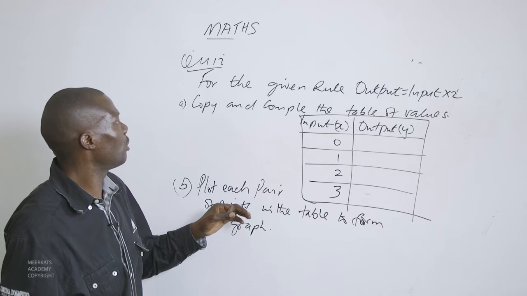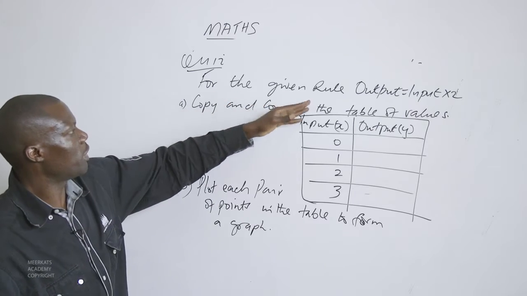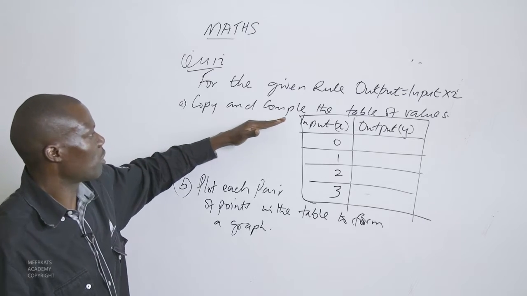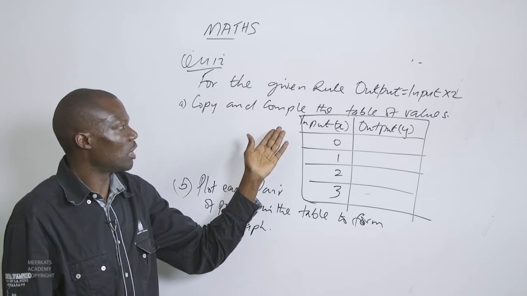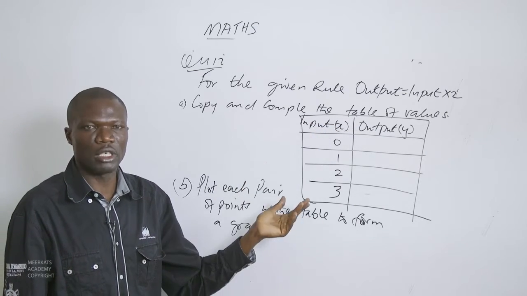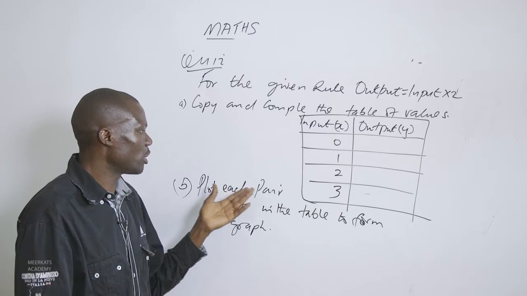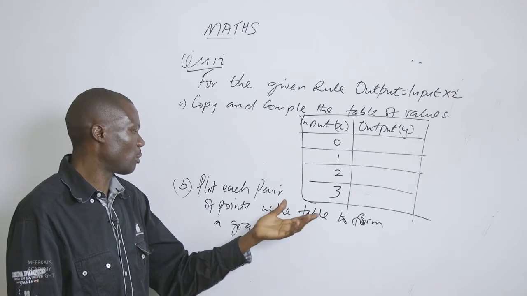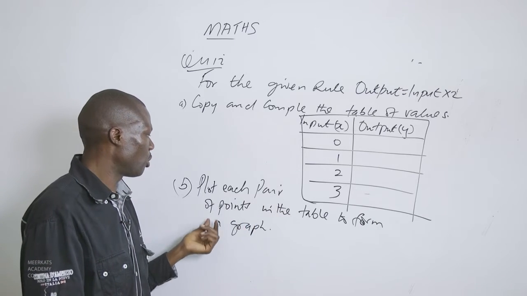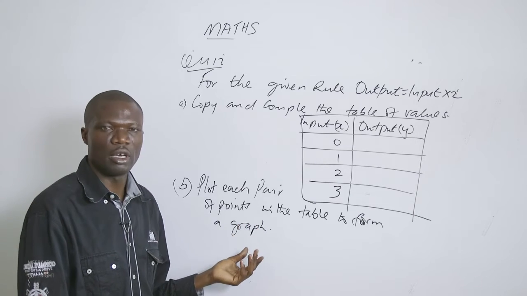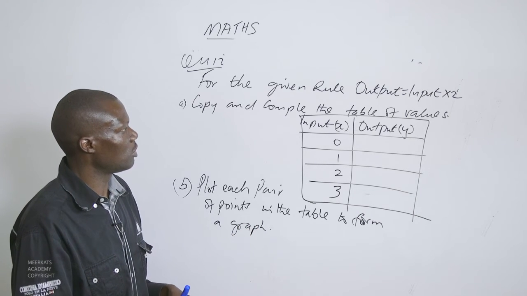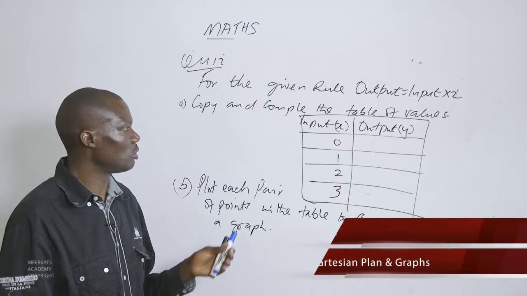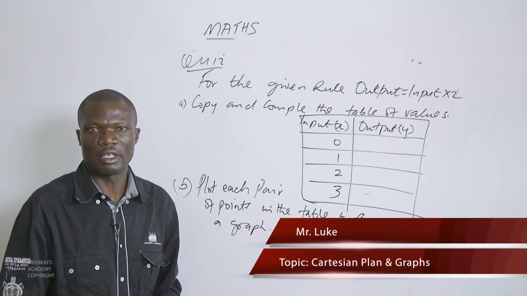On your homework, for the given rule, output is equal to input times 2, copy and complete the table of values. The table of values we have here, x and y. Then later on, for each pair of points you've gotten in the table of values, plot to form a graph. So this is for your assignment, use a spreadsheet or a graph to do this particular question. Thank you.